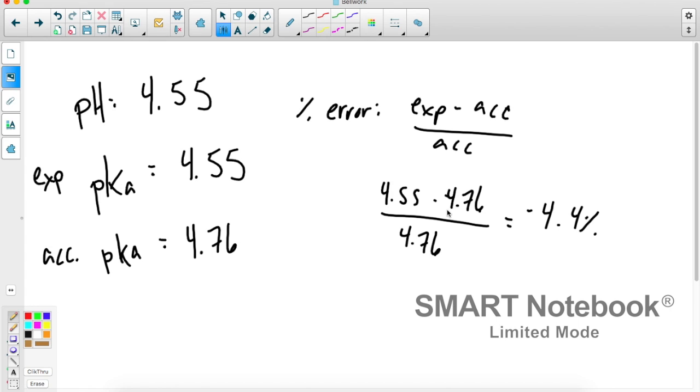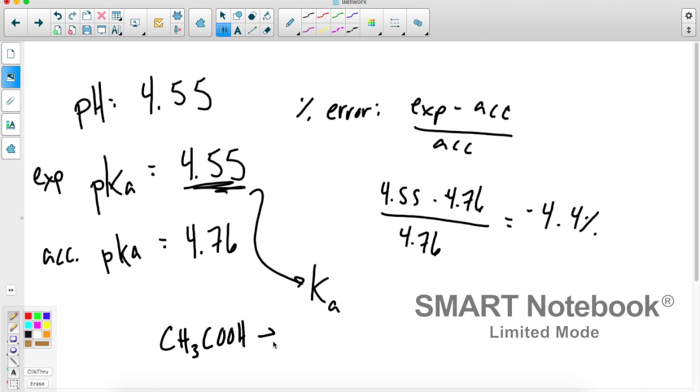This has been successful. So experimentally, we have determined that the pKa of acetic acid is about 4.55, and you know that we could take that and we could turn it into the Ka, the acid dissociation constant for acetic acid, CH3COOH, dissociating, deprotonating to give off that acidic hydrogen ion.